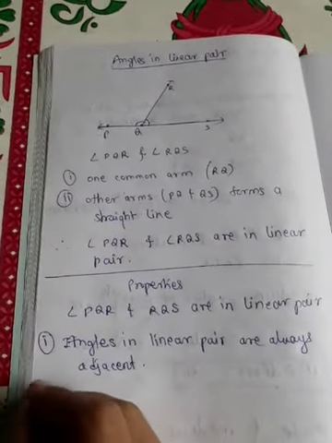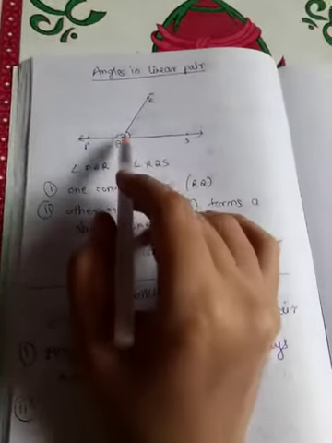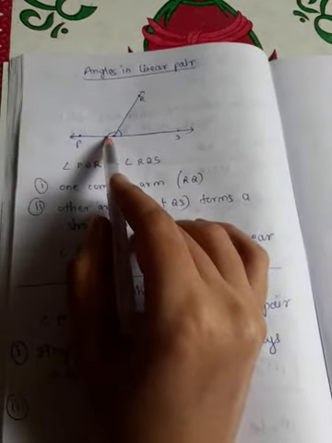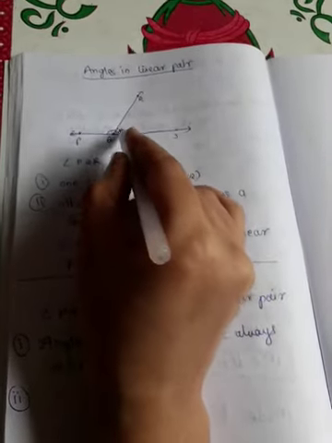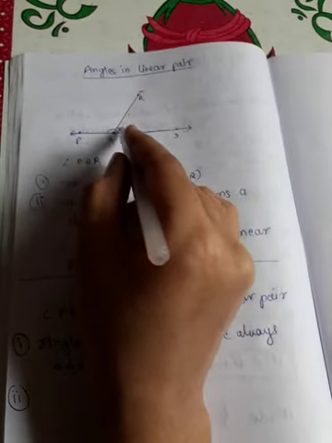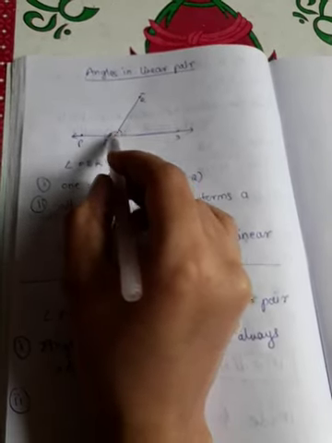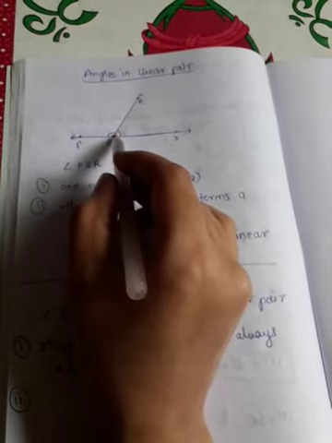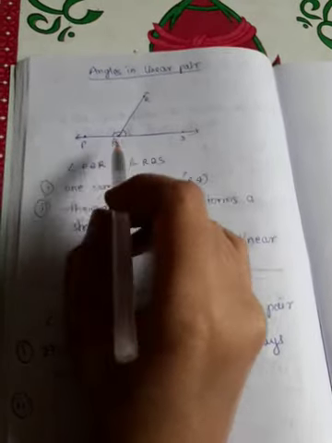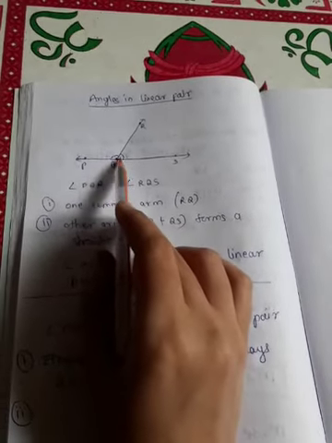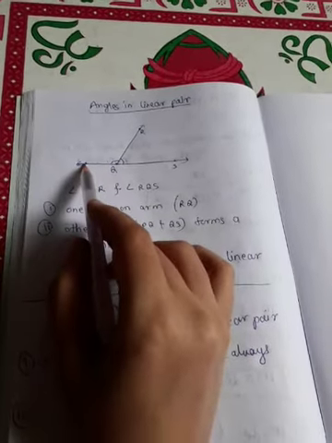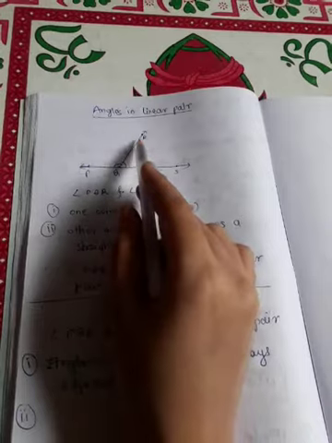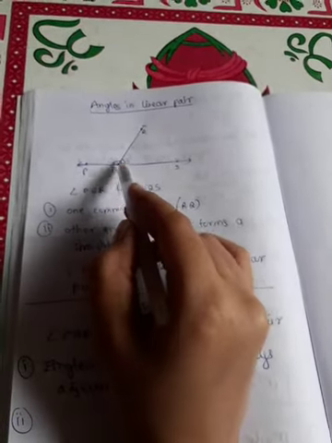Now see what the second observation is. The second observation is that this is a straight angle, which means the sum of measures of these two angles is 180. And if the sum of measures of two angles is 180, then we say the two angles are supplementary angles. So here the measure of angle PQR plus the measure of angle RQS is 180.